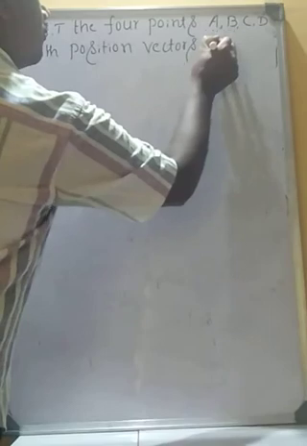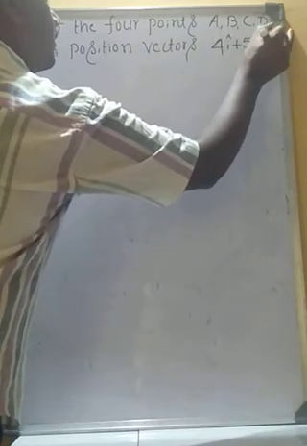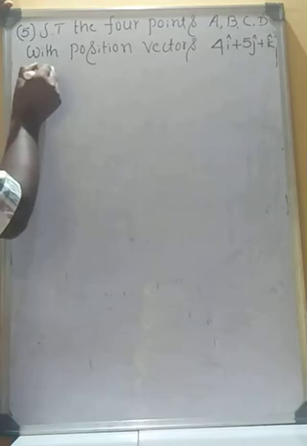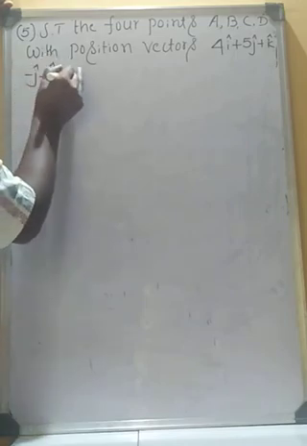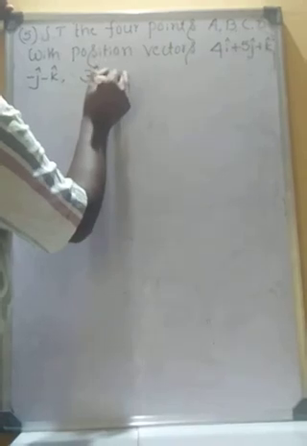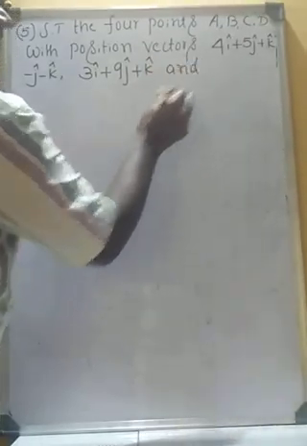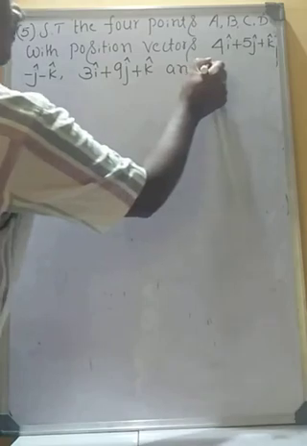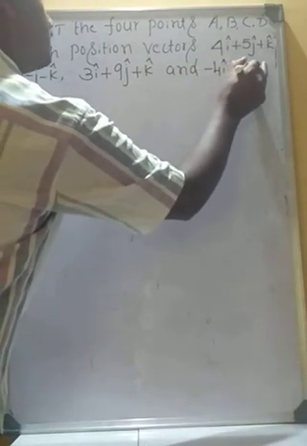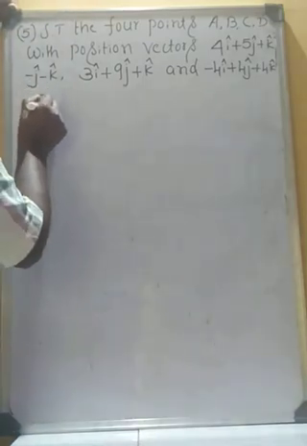4i + 5j + k, -j - k, 3i + 9j + k and -4i + 4j + 4k respectively are coplanar.